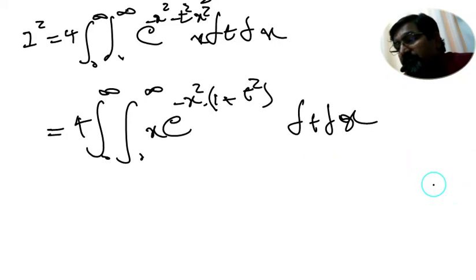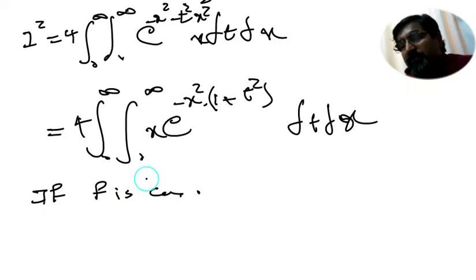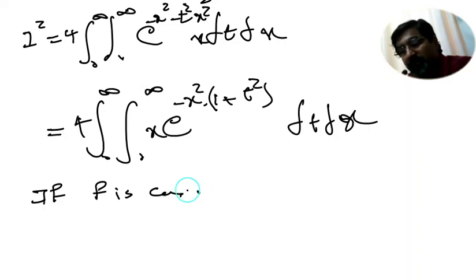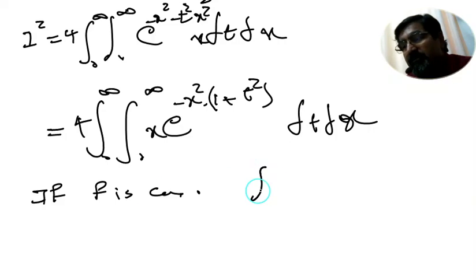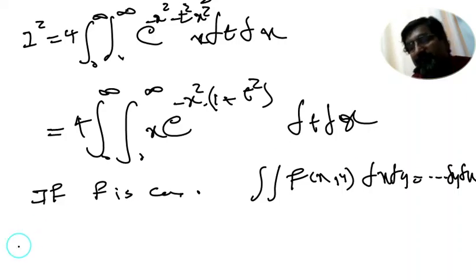So we need Fubini's theorem. If this function is continuous on 0 to infinity, or we can say it is positive and finite, then the integral of f of x and y dx dy equals the integral dy dx.